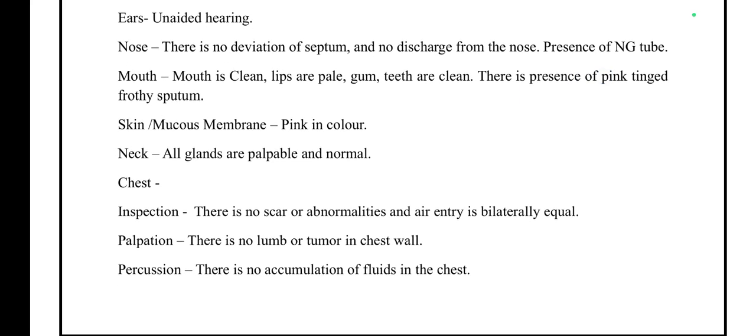In a heart failure patient you can see pedal edema, or adventitious lung sounds like crackles. You can get pink-tinged sputum if there is left-sided heart failure, left ventricular heart failure. So there are different findings you can get depending on the patient's condition.